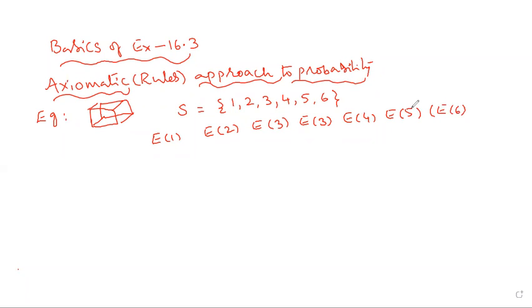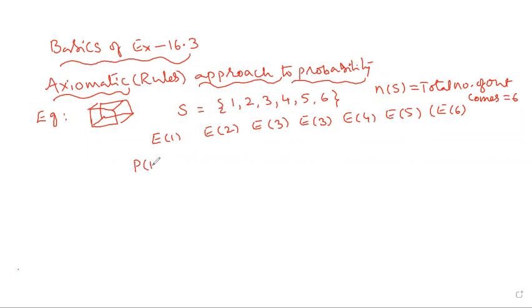The sample space will give the total number. The number of elements in the sample space is the total number of outcomes. Total number of outcomes is equal to 6, right?